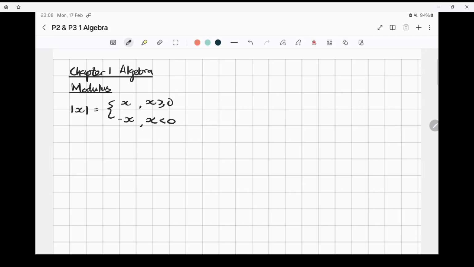In other words, you basically take the positive part of x. It doesn't matter whether x is positive or negative, you just take the positive part. So if you have modulus of minus 3, you would get the value 3. Sometimes we call this value of 3 the absolute value.